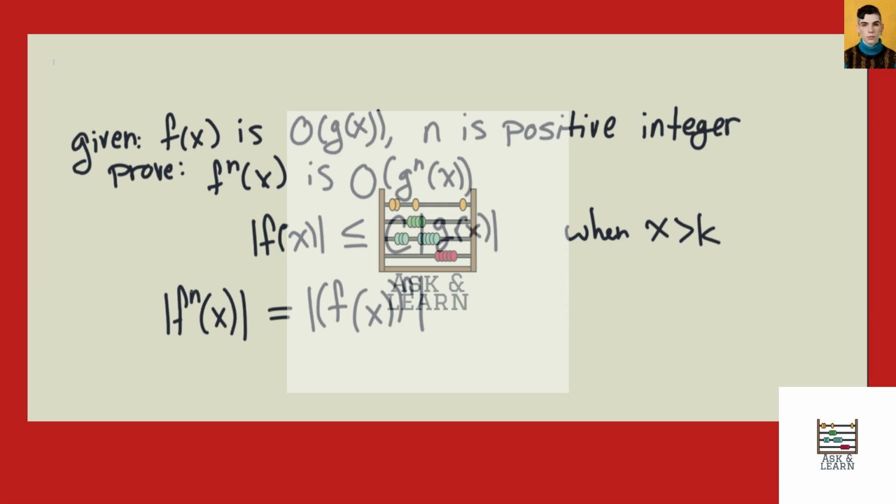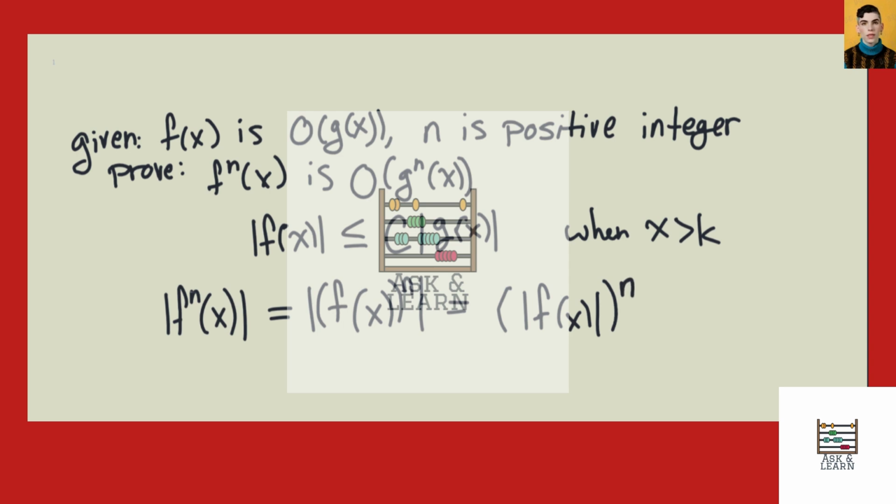Okay, what this really means, though, is that we can put the absolute value inside the bracket, right? So this is also going to be equal to the absolute value of f of x raised to the power of n.